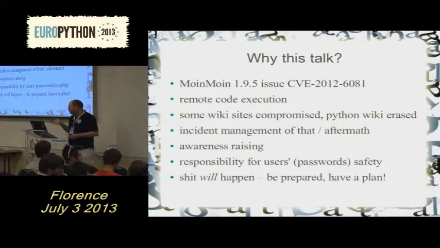Yeah, and I had to do a lot of incident managing related to that, and our own wikis, of course, had the same sort of issue. They did not get erased, but the bug, of course, was also there before it was known. And it took quite a long time to deal with all that stuff.